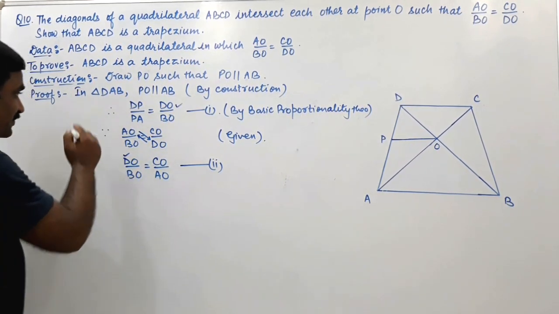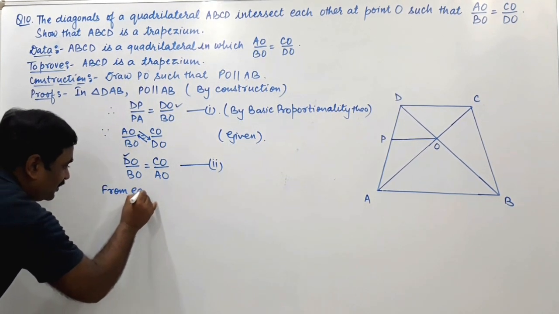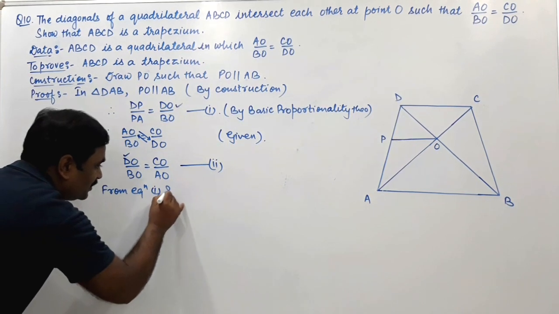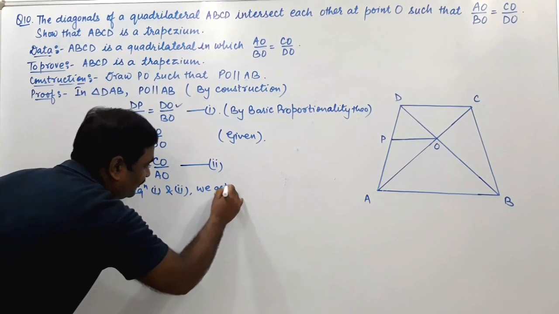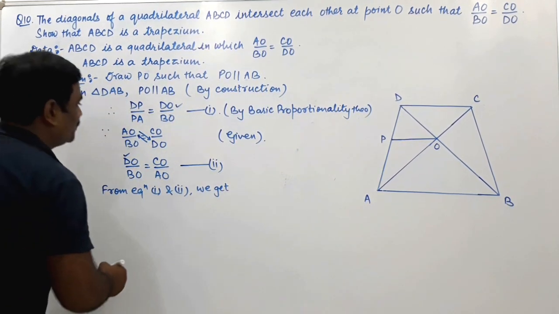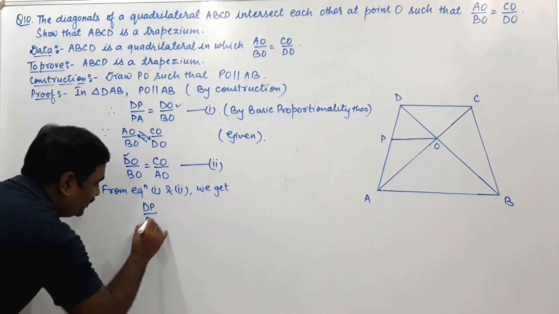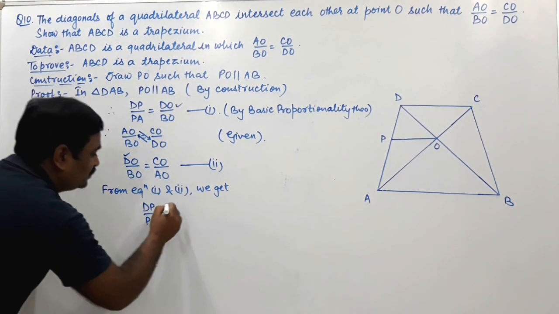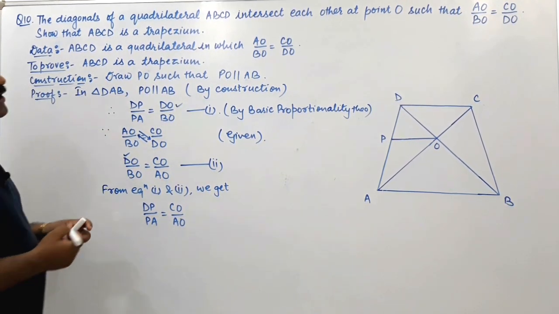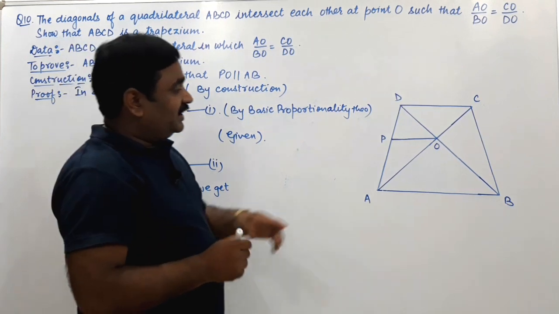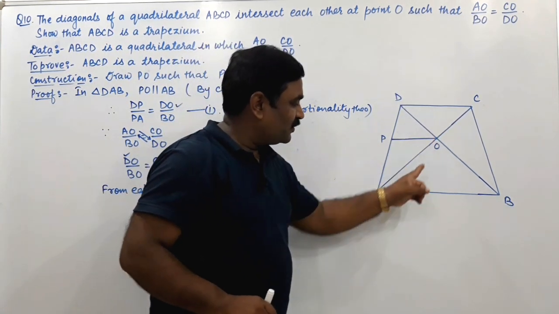So from equation first and second we get, हमें क्या मिल रहा है? We are getting that this DP upon PA equals CO upon AO.